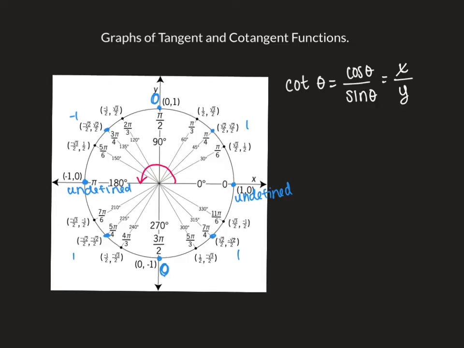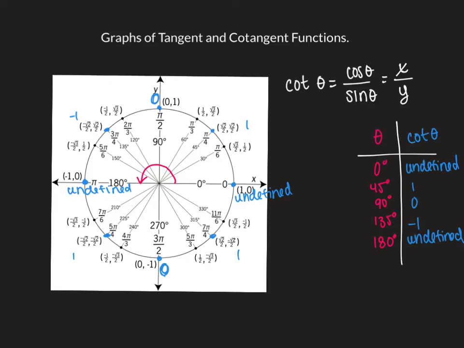So let's go ahead and write out our table for these values. And again, the reason I do not need to write the rest of the points on this unit circle is because once I go from 180 degrees to 225 degrees, I just start repeating.